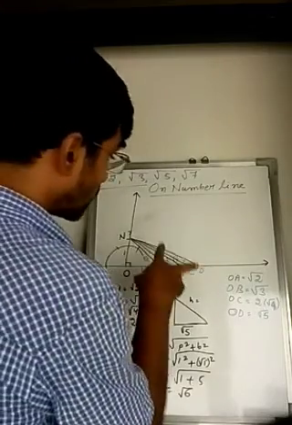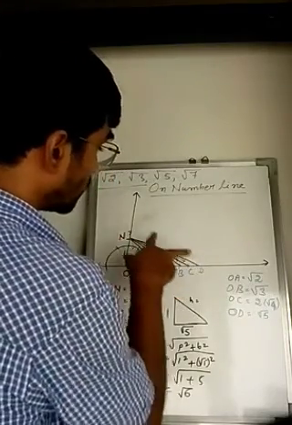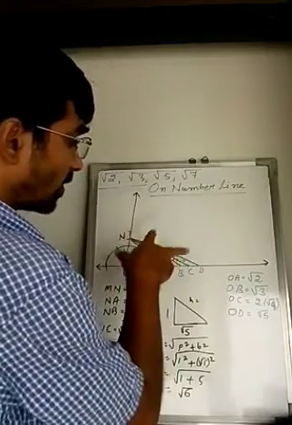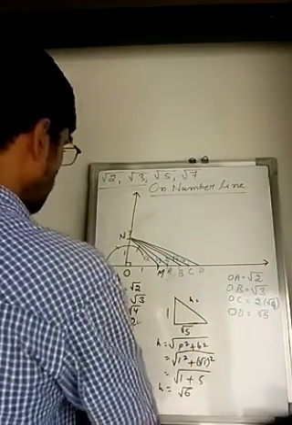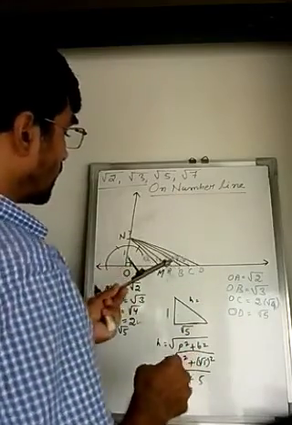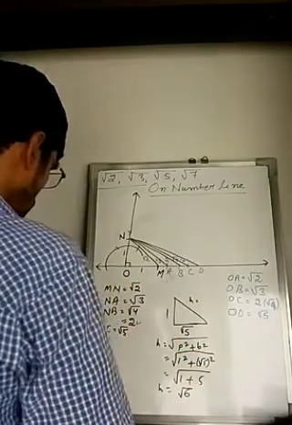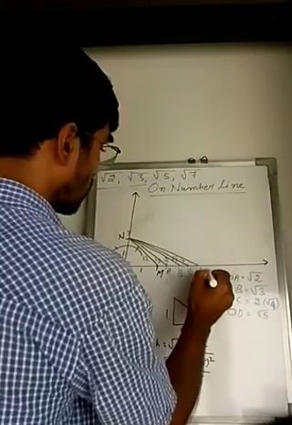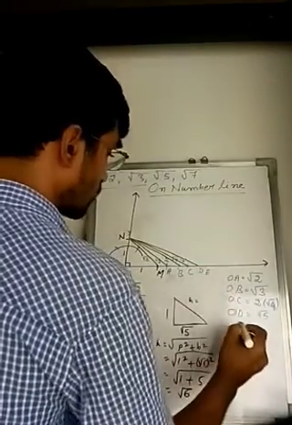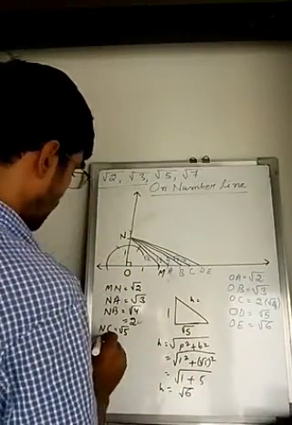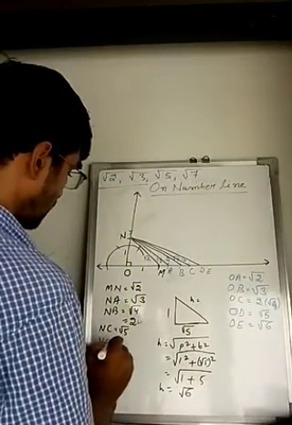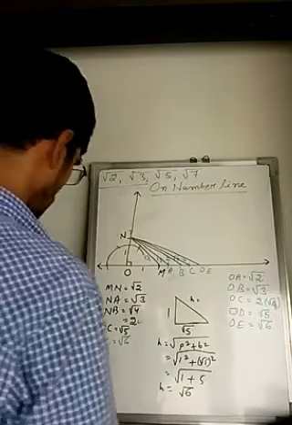If the hypotenuse in triangle NOD, ND equals root 6, I have to put the value of ND on the number line itself. So with the help of a compass, I have to measure ND and take it from O. So here this one will be E. So here OE equals root 6 and ND equals as well root 6.